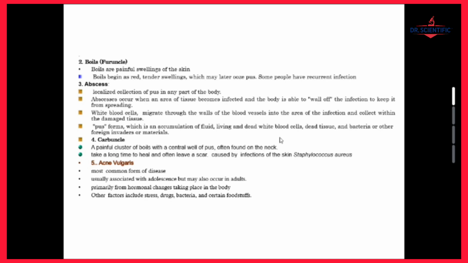This is because the white blood cells are trying to migrate to where the bacteria is as a way of trying to kill or destroy it. And when that happens, if the white blood cells are destroyed, then pus is formed.